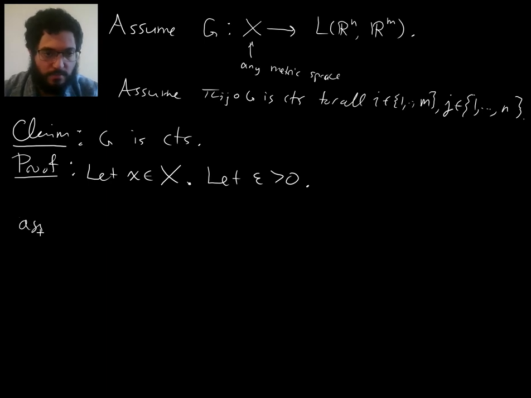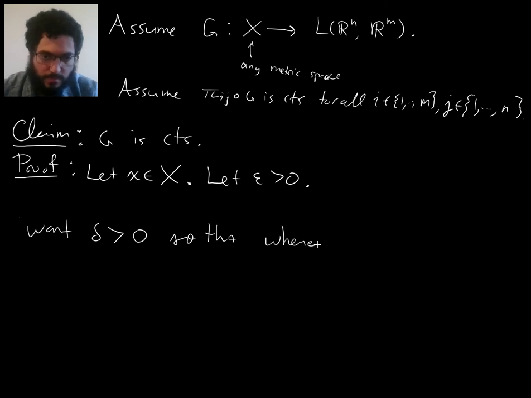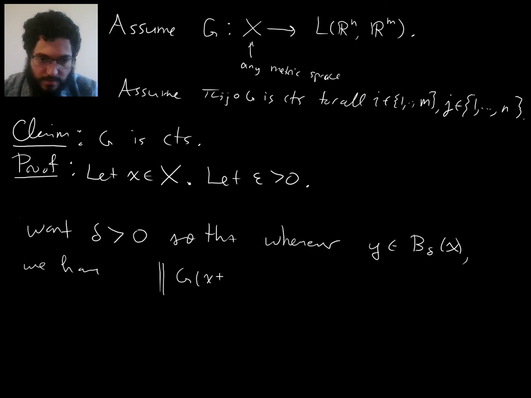So assume, or want, we want a delta greater than 0 so that whenever y is in the ball of radius delta centered at x, we have that the norm of this difference, which is going to be some linear map, is less than epsilon.